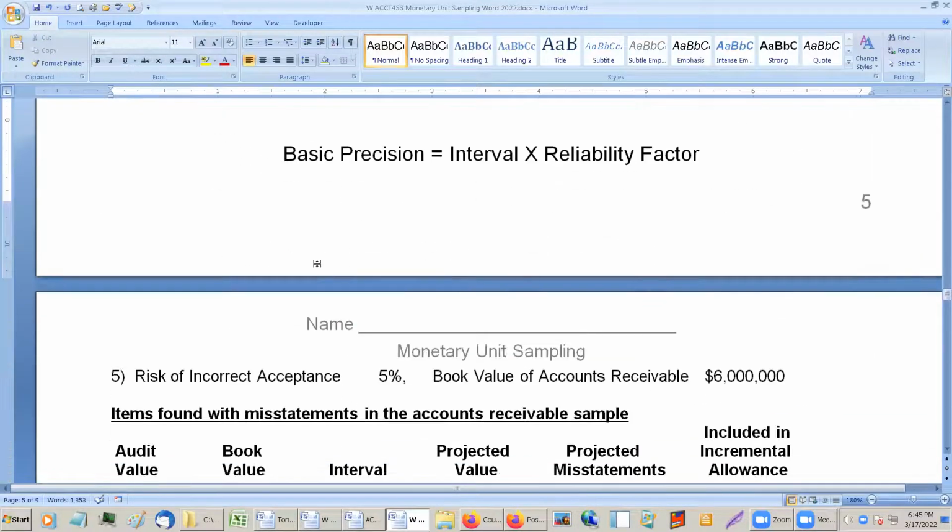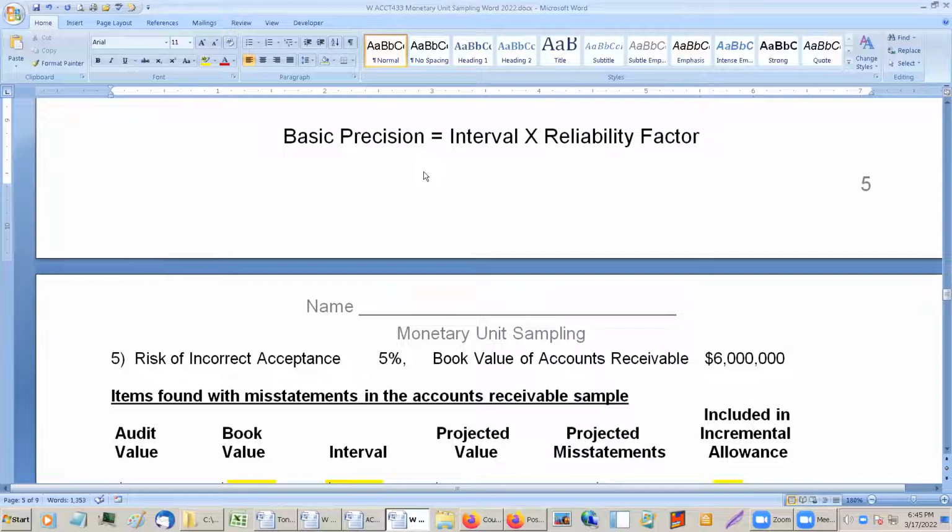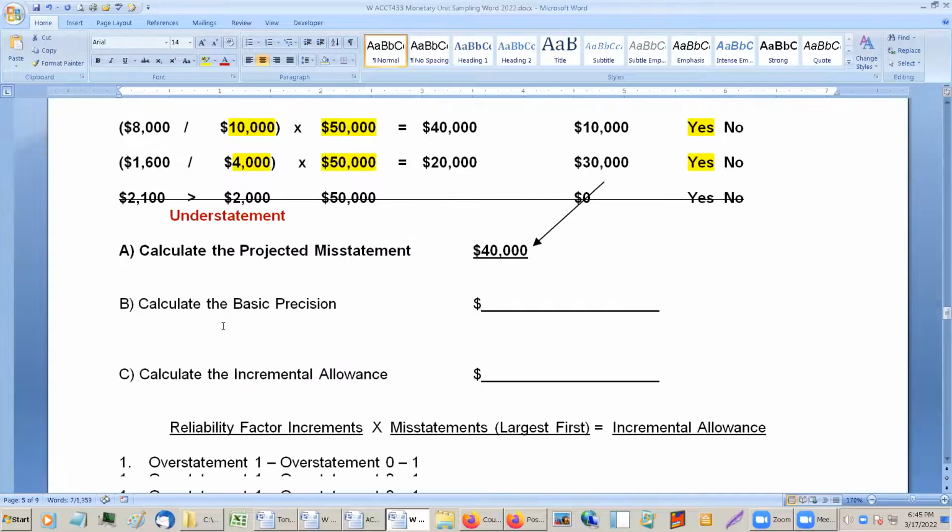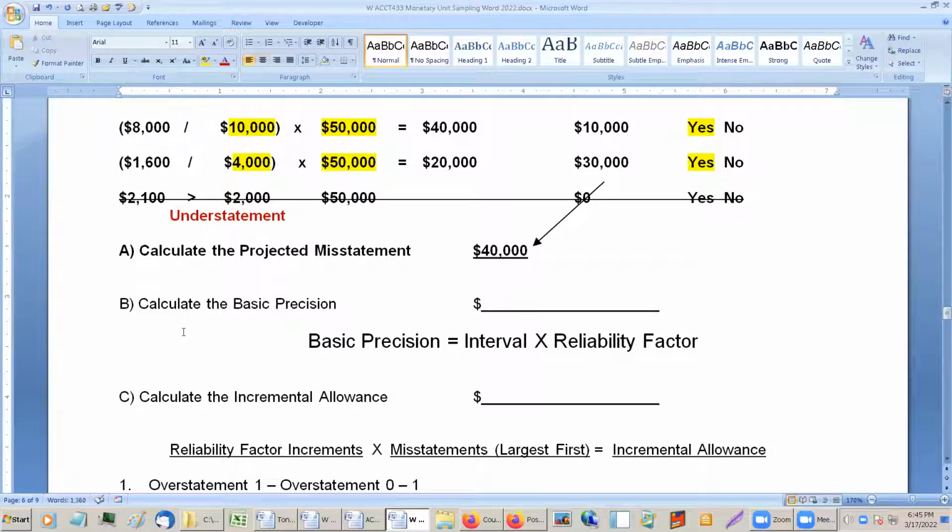Oopsie daisy. Gonna wipe it. Okay, so basic precision equals the interval times reliability factor. Paste that in down here. Maybe make it not so big.